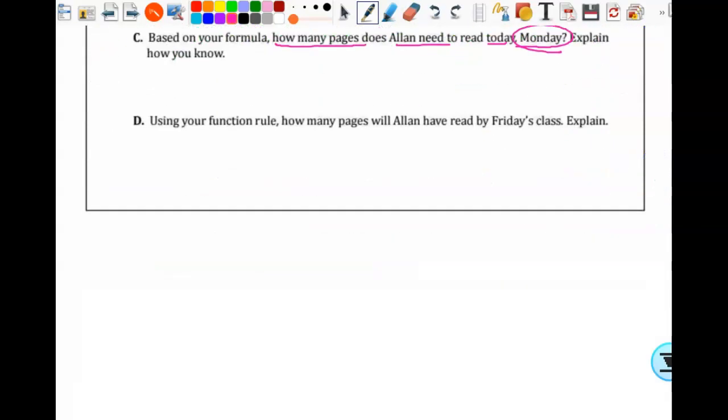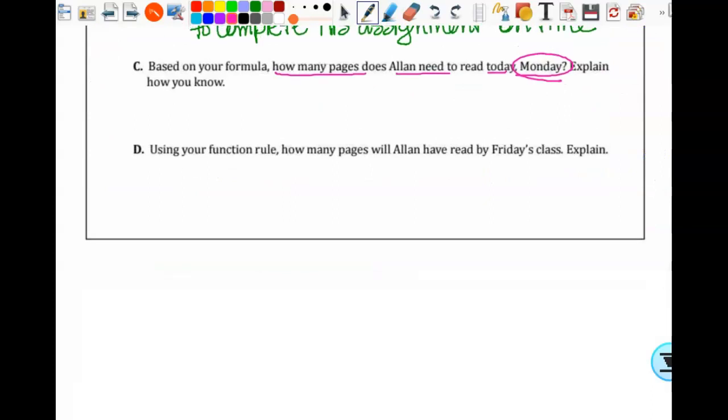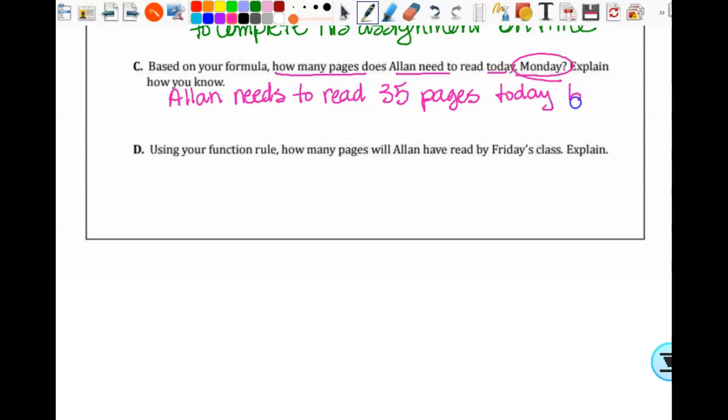Is Monday a day? Yeah. So I can say 35, and I could say, let's see, Alan needs to read 35 pages today because he needs to read 35 pages a day.